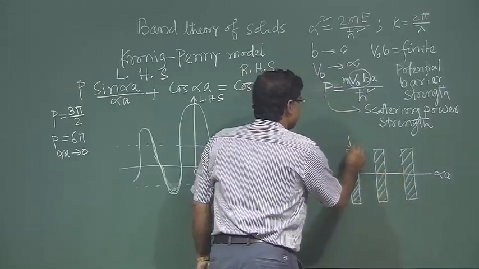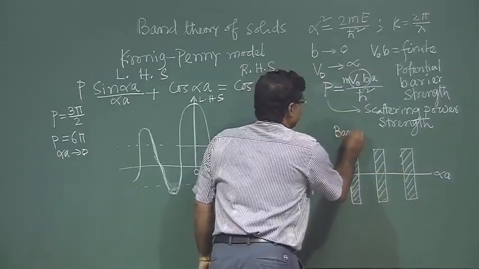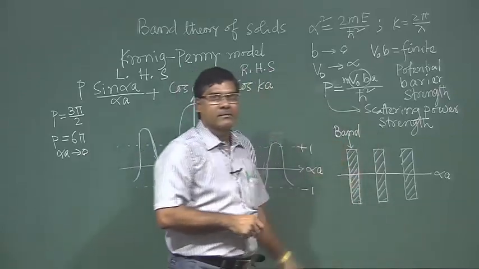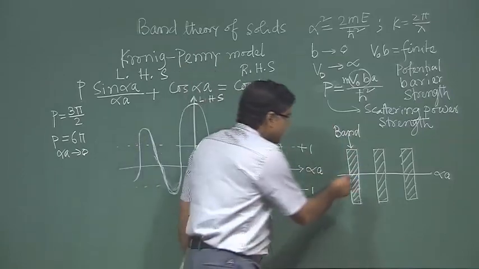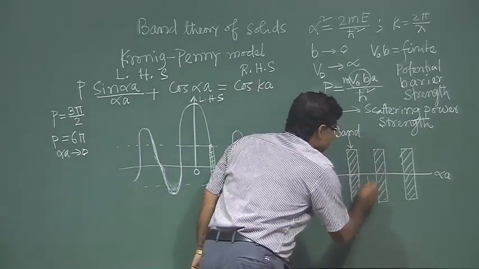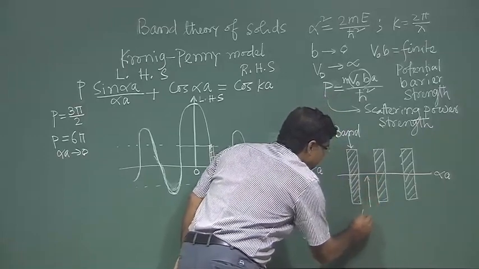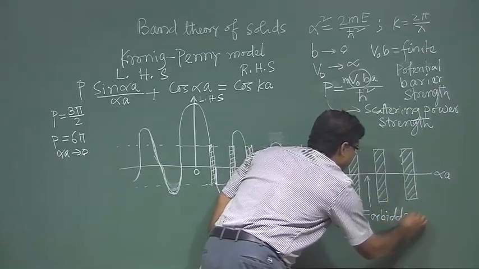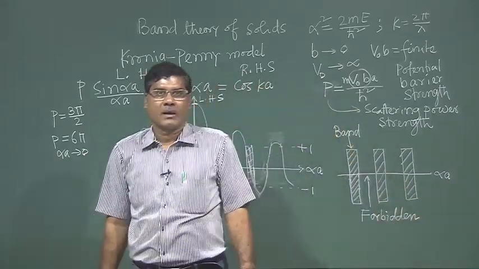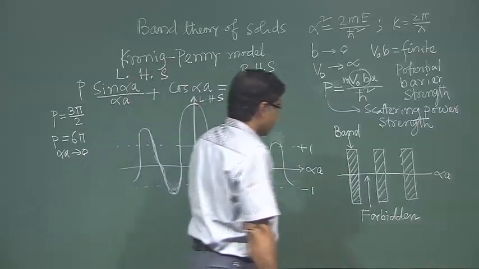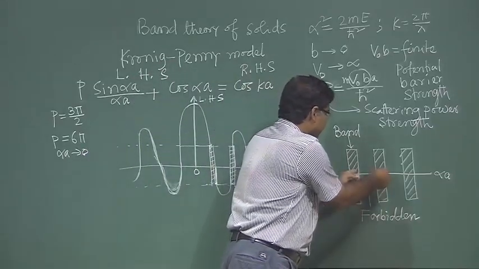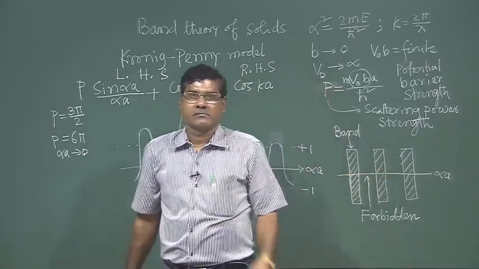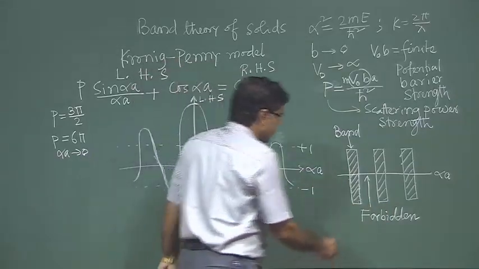These are called energy bands, where an electron can stay, and this region is called the forbidden region between two energy bands. So, it is called the band gap.